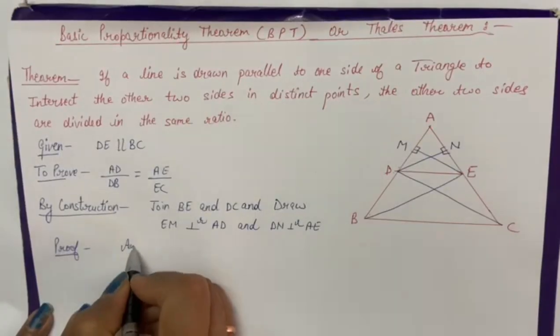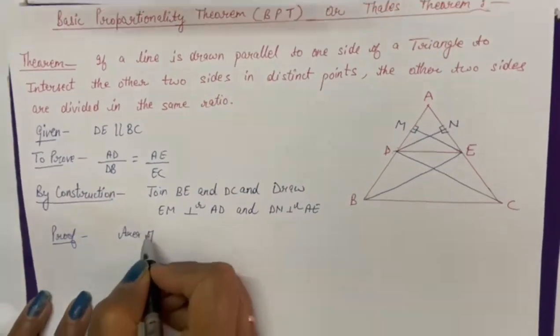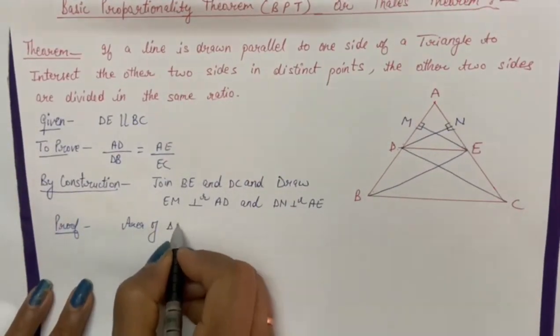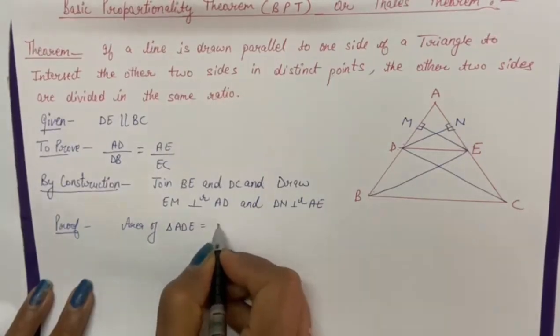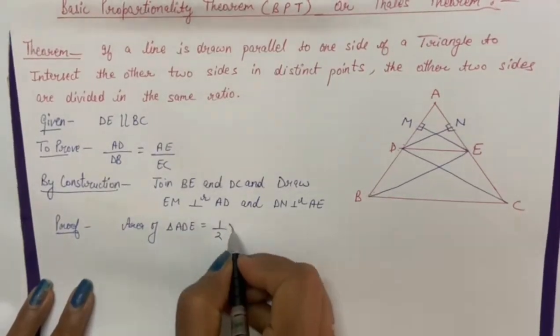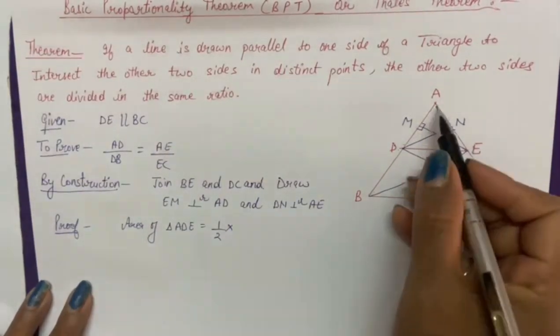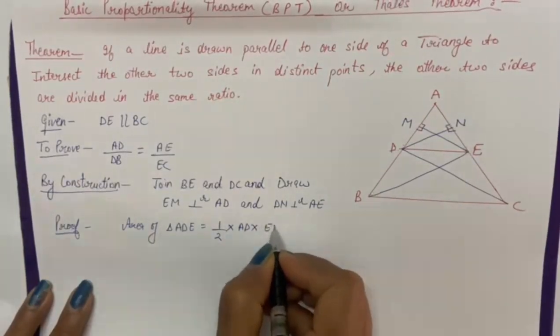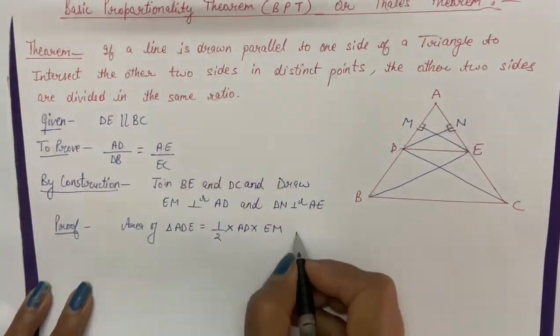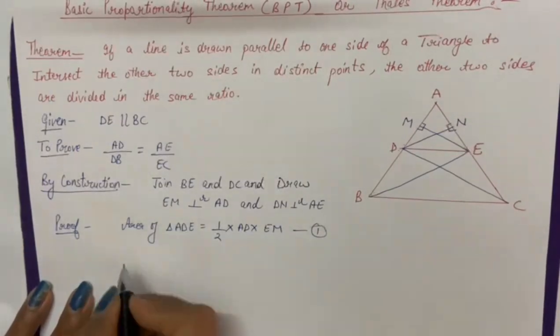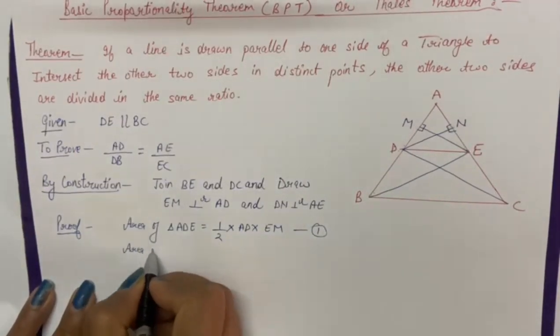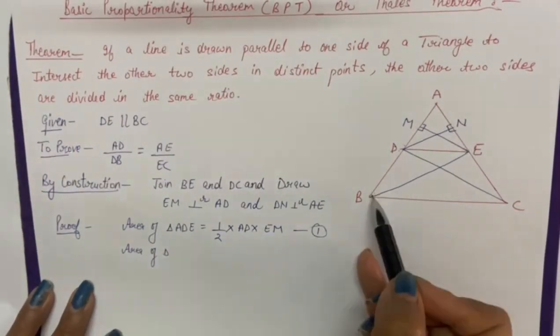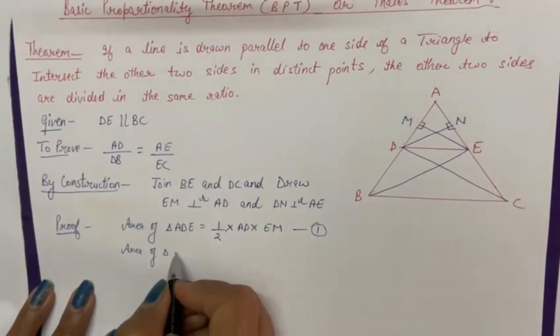So first of all we need to find the area of triangle ADE. So as half base into height, so half, now base is AD multiplied by height will be EM. Understood? This is your equation number 1. In the similar way, we will find the area of triangle BDE.